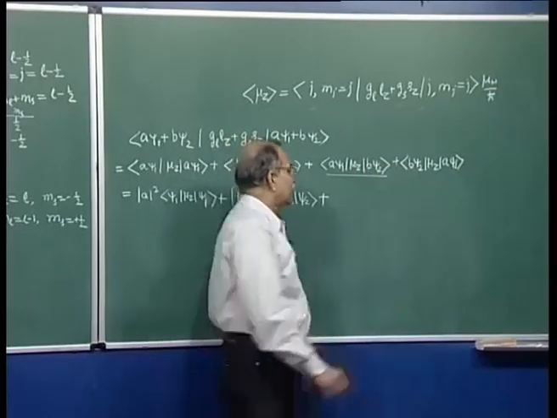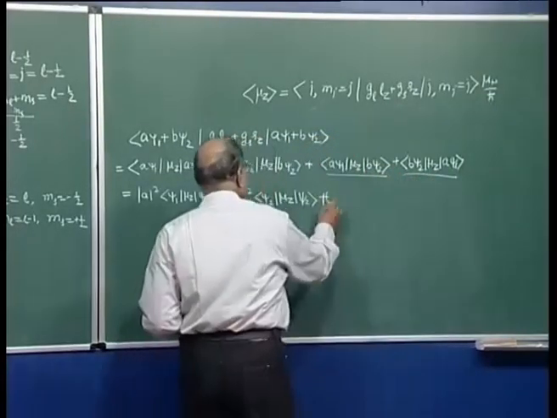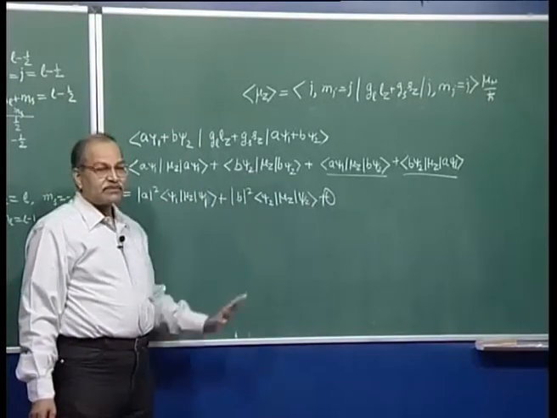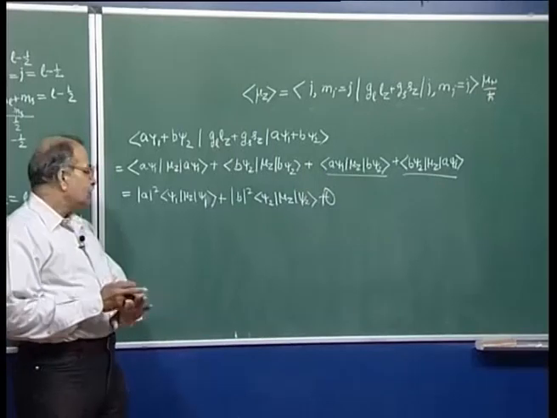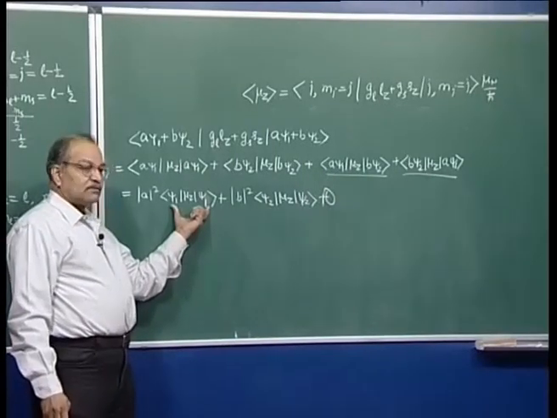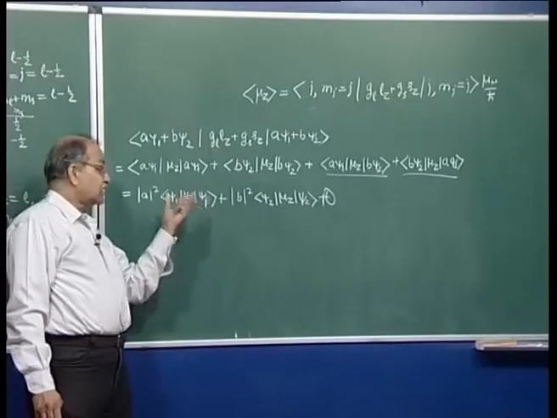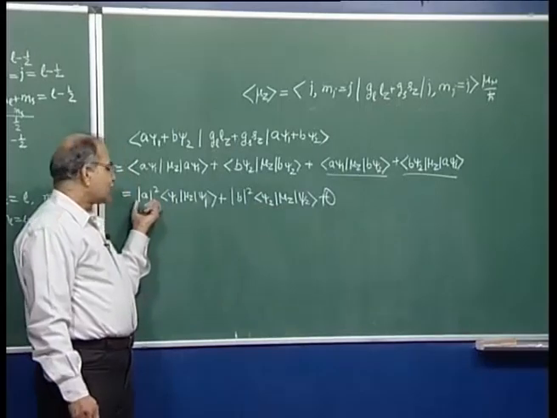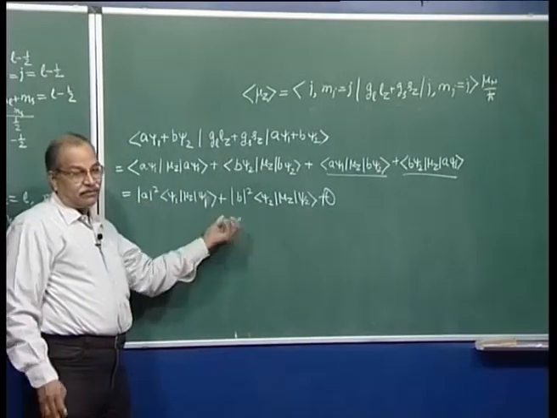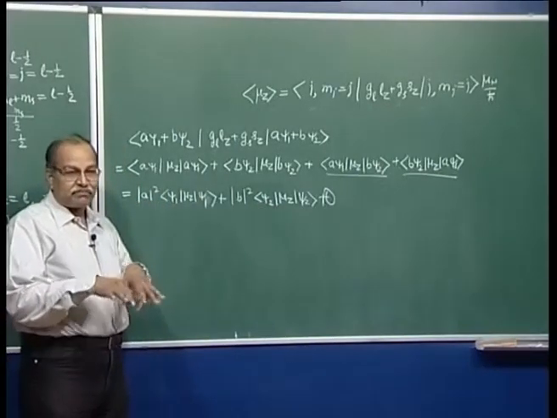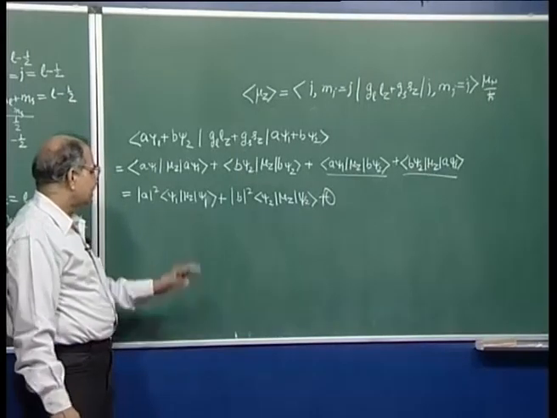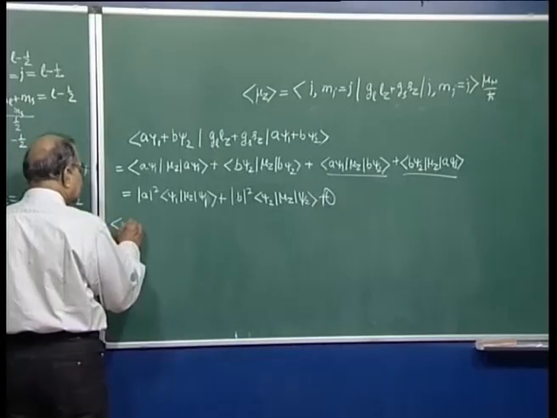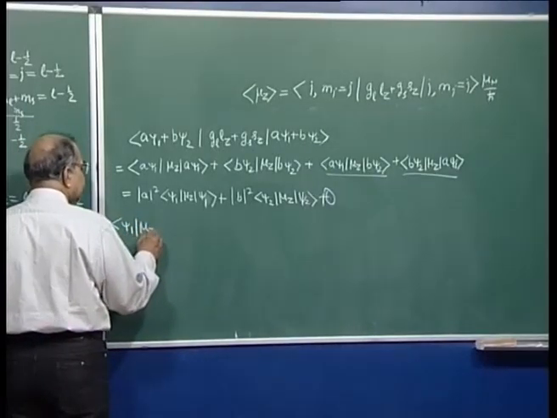So, these cross terms are 0, and hence you have just mod A square times this plus mod B square times this. So, there are two tasks: one, to evaluate these expectation values in psi 1 and psi 2, and second, to get the values of A and B, in what proportion they have been mixed. Let us take the easier task first. Psi 1 mu z psi 1, let us calculate this. What is psi 1 mu z psi 1?